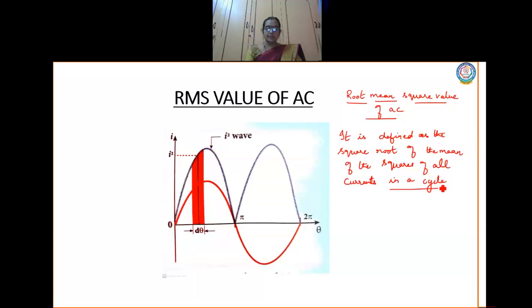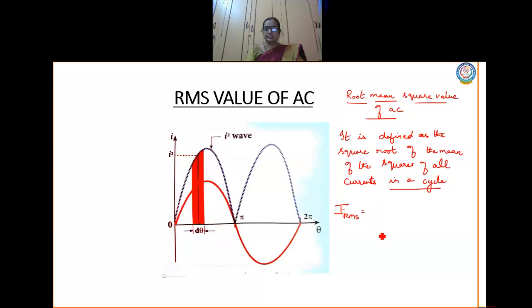So the formula: I will write this value of current as I RMS. So the root mean square value of the current is written as I RMS. If it is voltage, we will write it as V RMS.